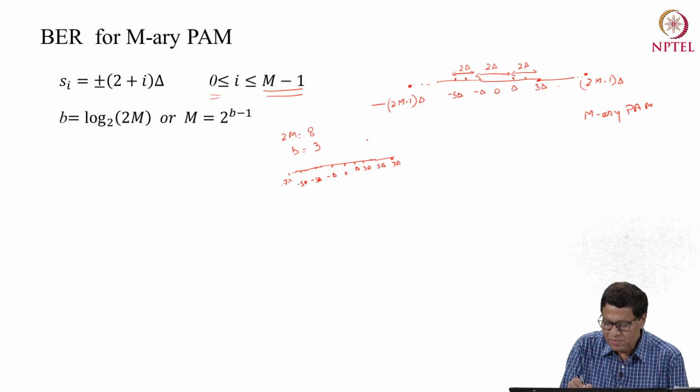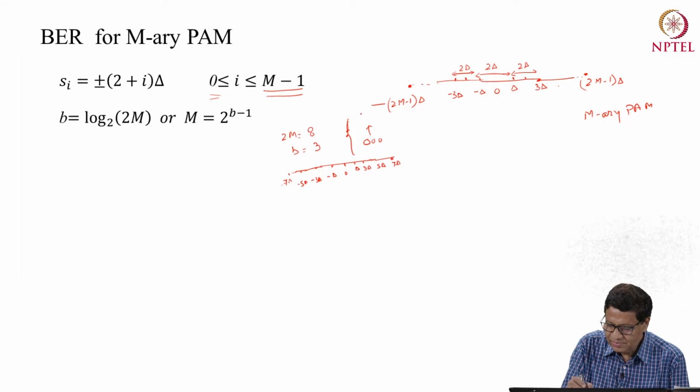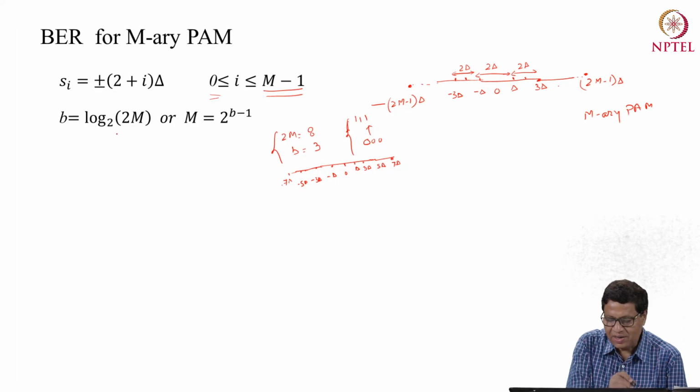And this can correspond from all 0s, 000, to all 1s, 111. So this is how it can be represented for a system where 2M is 8, and so the number of bits will be 3, and you can calculate from this formula as well.